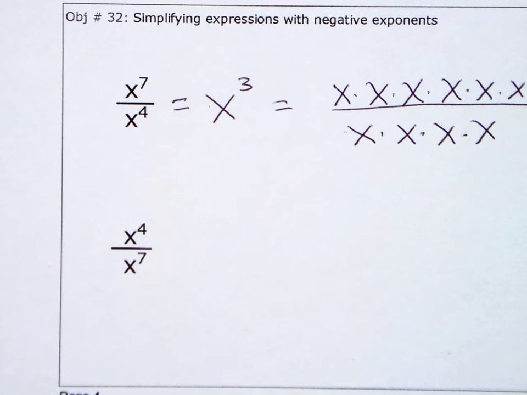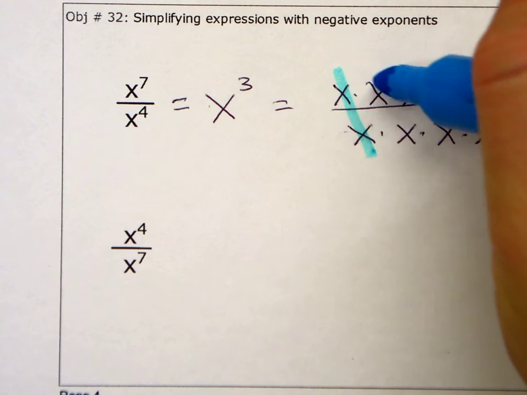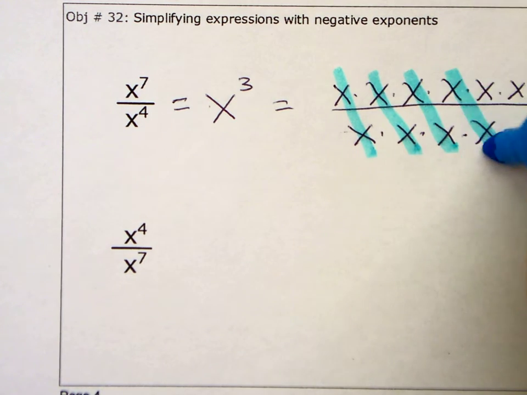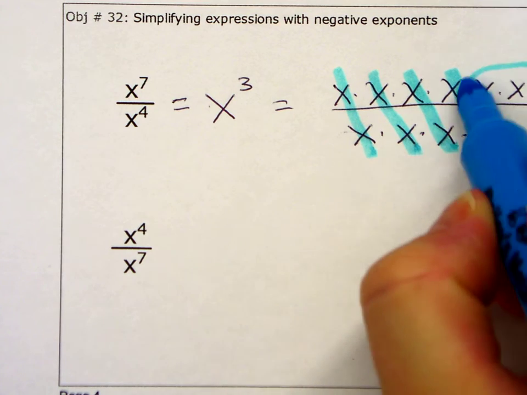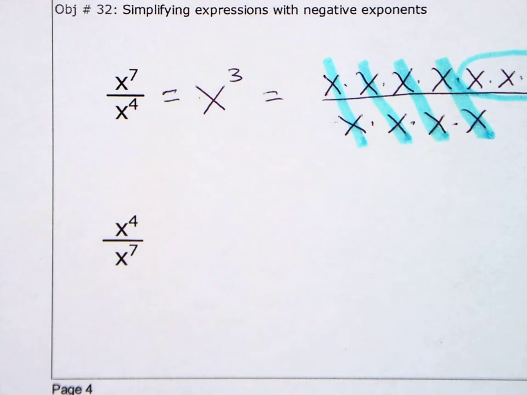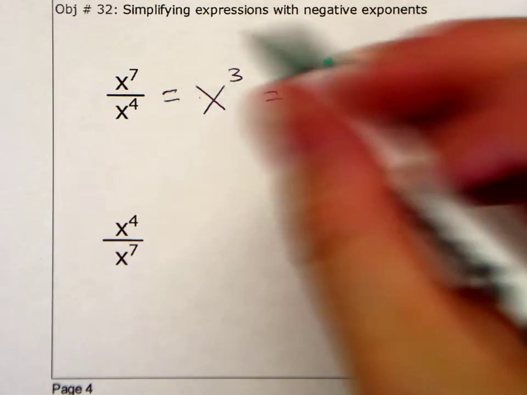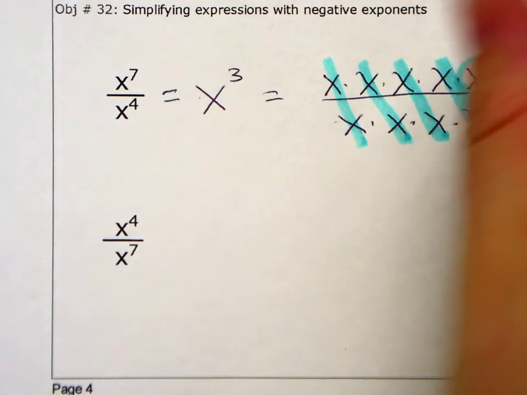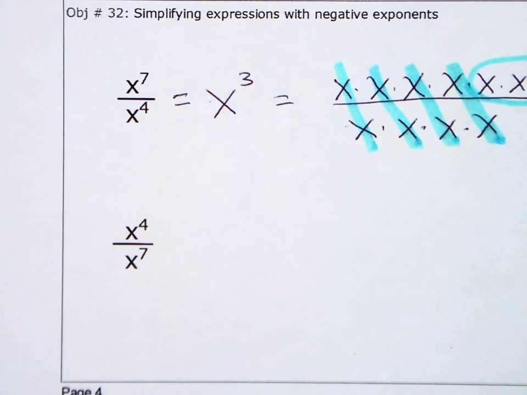And a bunch of them end up canceling out. Let me get a colored pen. All right, so these cancel out, cancel out, cancel out, cancel out. You're left with how many? 3. x to the third. And notice those 3 are on top. That's why it's x cubed.